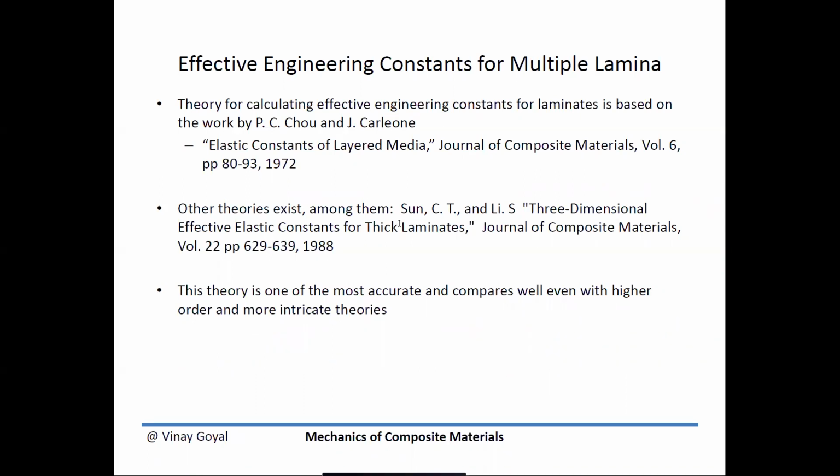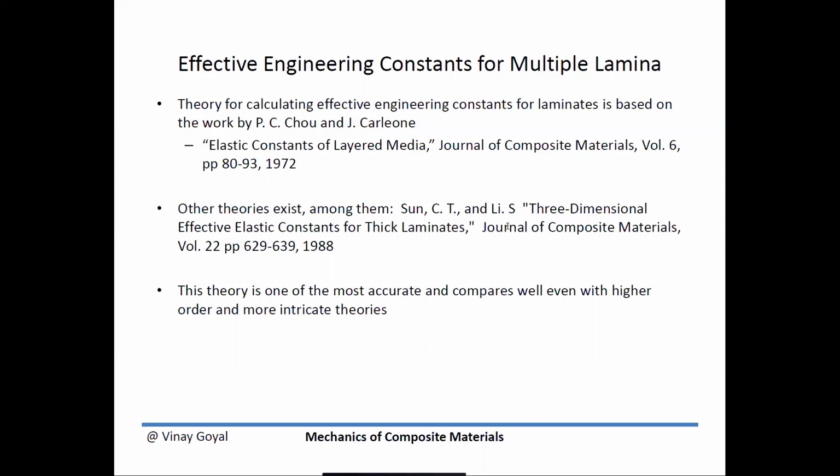It does well against multiple theories. And the current formulation is based on C.T. Sun's work, three-dimensional effective elastic constants for thick laminates. You can download the paper, but I'll also be discussing this topic today. There's a whole thesis by this gentleman that goes through that. We will try to go through that in this lecture.